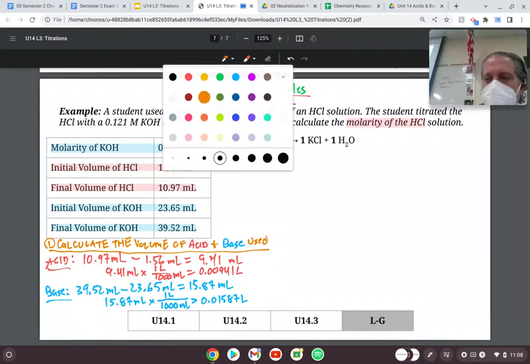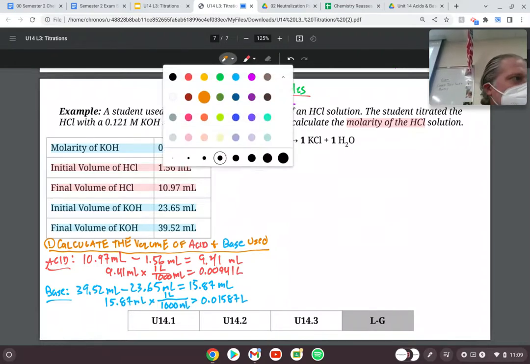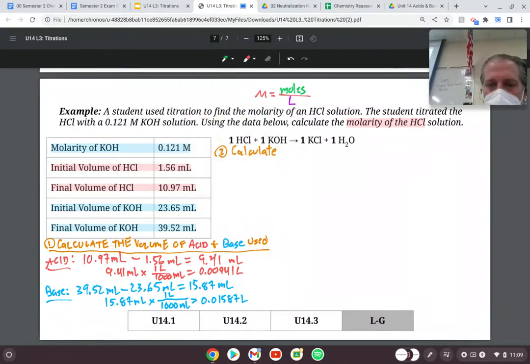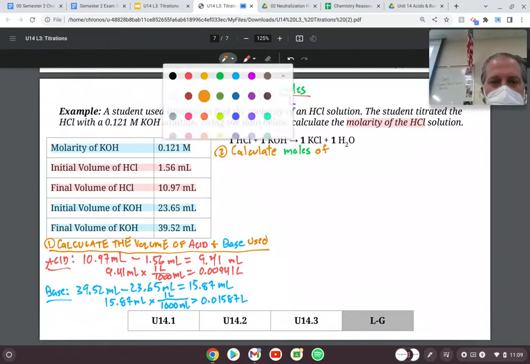The second step is to use the given information that I have, which in this case is that I know the volume of my base and I've been told the concentration, or the molarity, of my base. So that tells me that I'm going to calculate moles of base used. The second step is to calculate moles of base used.